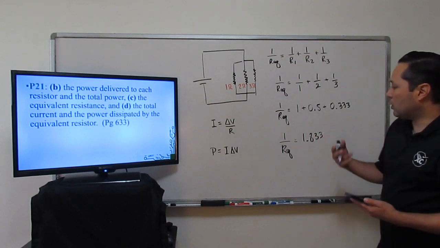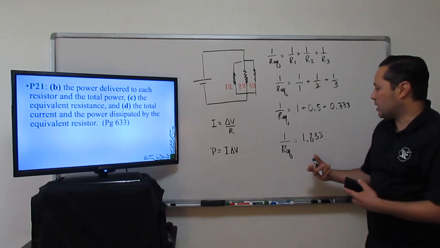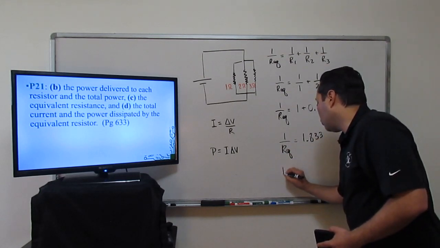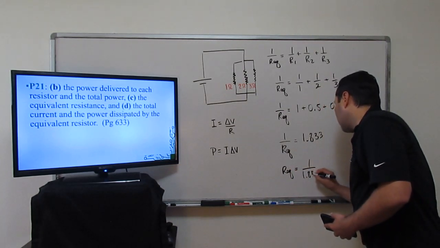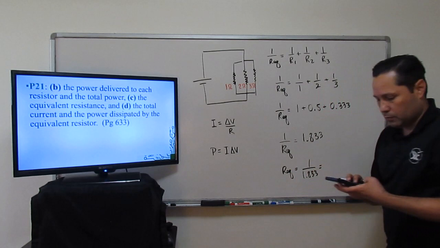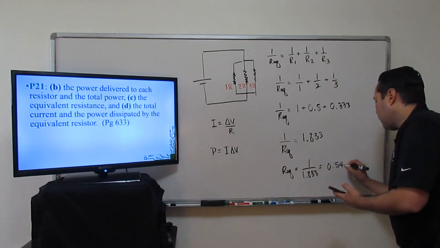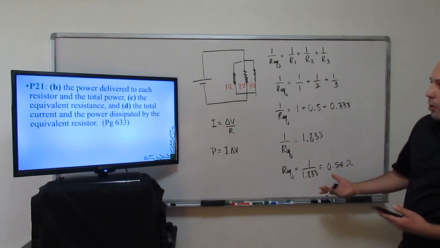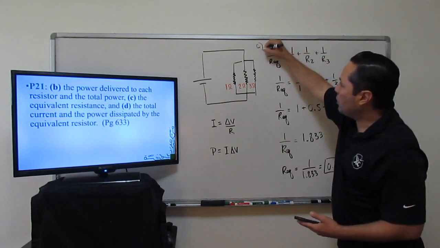To solve for the equivalent resistance, we're going to get the inverse of this value. So the equivalent resistance is really the inverse of 1.833, which gives us 0.54 ohm. All right, so that is the answer for part C of this problem.